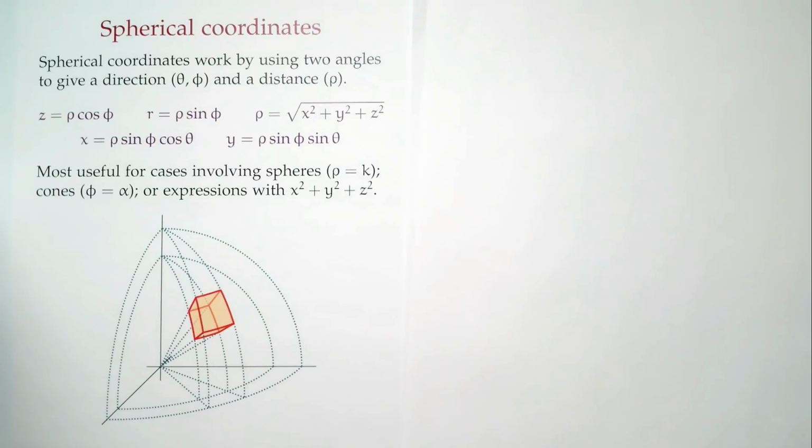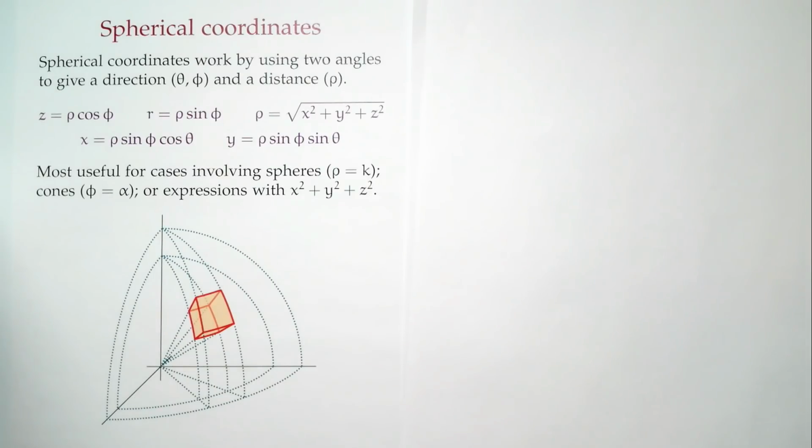The two angles are giving you a direction, which way you should be pointing from the origin. You can think of theta as somewhat of a rotational angle, and phi is giving you an up-down type angle. And then once you've rotated and raised up and down, rho says how far to go.